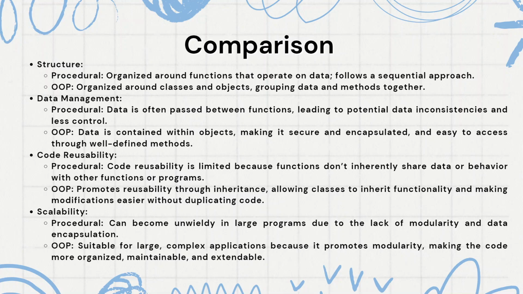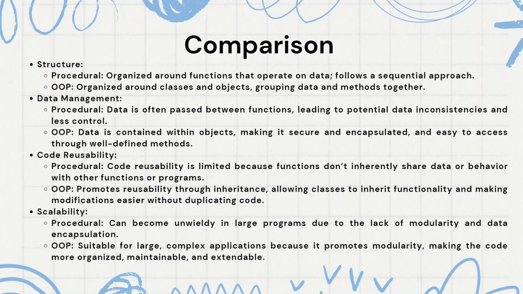So in procedural, data is often passed between functions, while in OOP, the data is secured, making it secure and encapsulated, the data contained within objects.